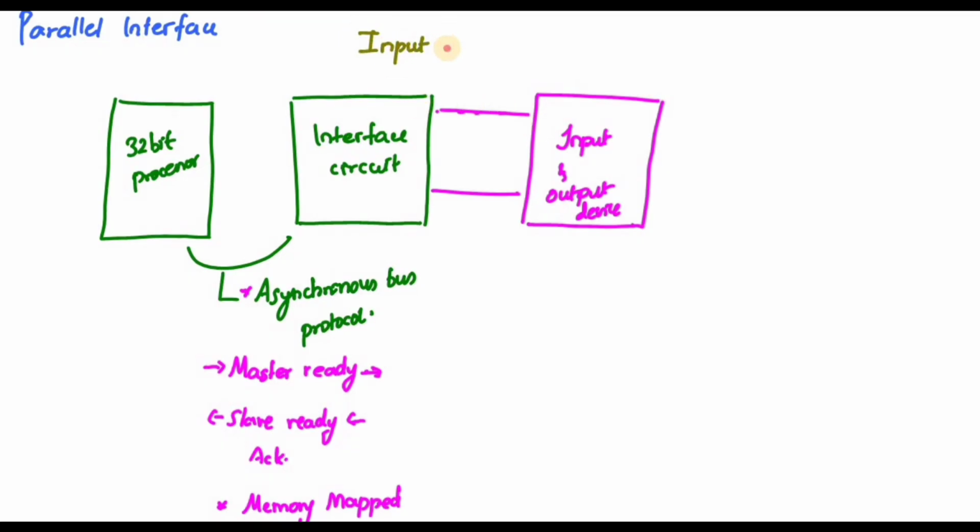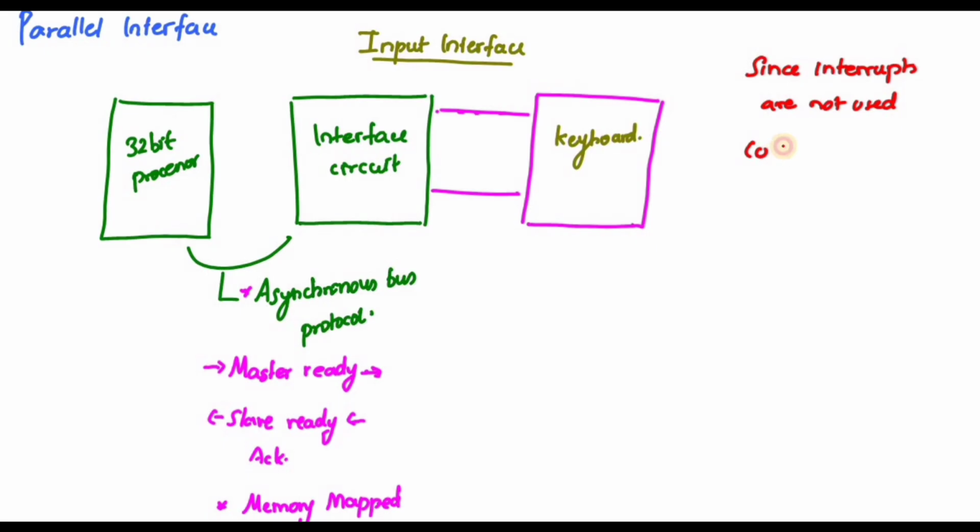Next, on the right hand side of the interface circuit, you have the input output devices. If I want to connect an input interface, let me take a keyboard as one. Here I am not going to use any control lines since interrupts are not used here.